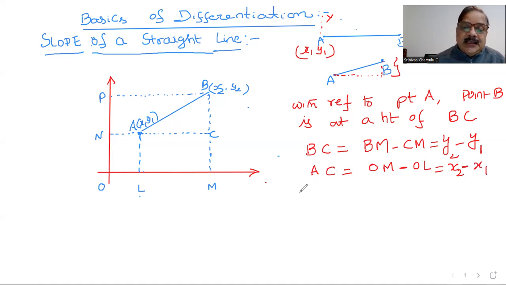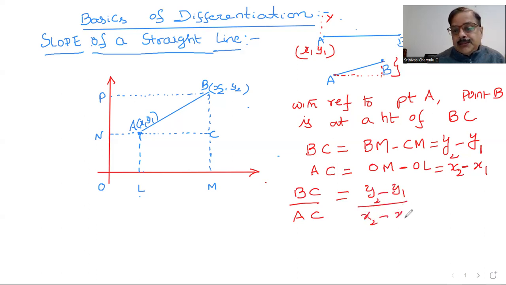So now let us take the ratio. BC divided by AC. So y2 minus y1 divided by x2 minus x1. What is y2 minus y1? It is variation of y coordinates and it is variation of x coordinate. So that means you can write this clearly as delta y, that is difference of y coordinate divided by difference of x coordinate.